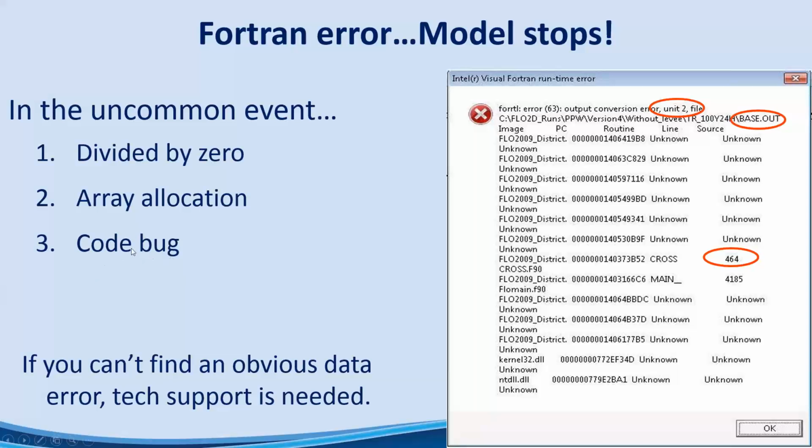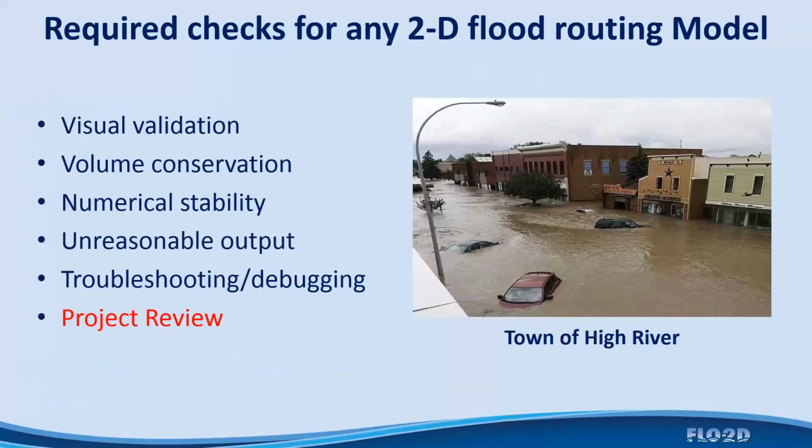However, we're always trying to upgrade the model and make the model run faster, and so sometimes in making some model revisions, we introduce a code bug that we don't see in our own test cases.